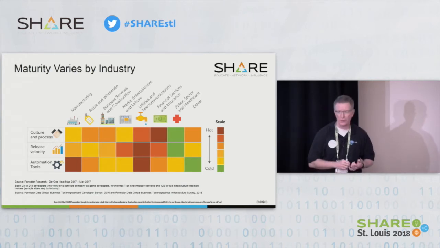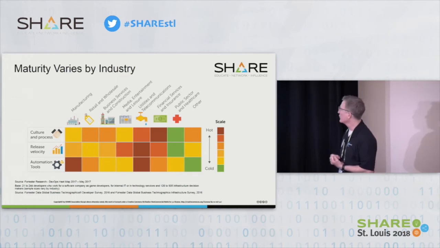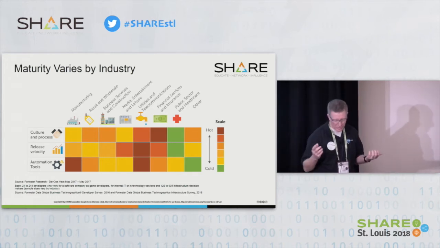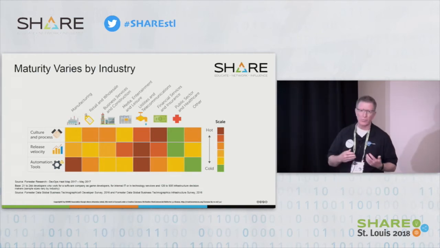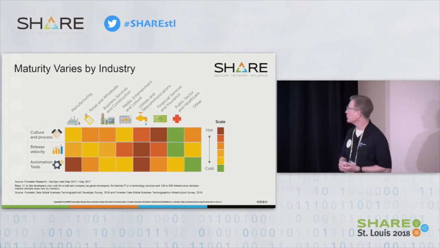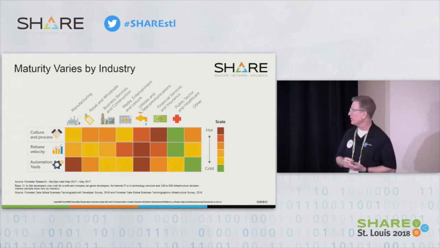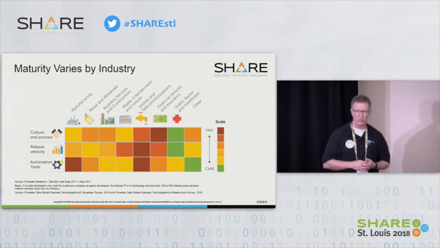And there's some reasons for this. First of all, a lot has to do with governance and oversight. So the public sector and healthcare are a little bit more limited. But just because we're more heavily regulated doesn't mean we can't be more mature in the DevOps space. As a matter of fact, financial services is extremely regulated, and they're right there alongside the utilities and telecommunications as far as maturity.